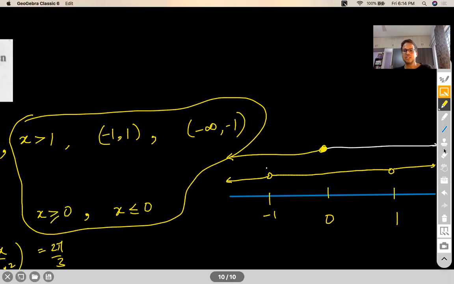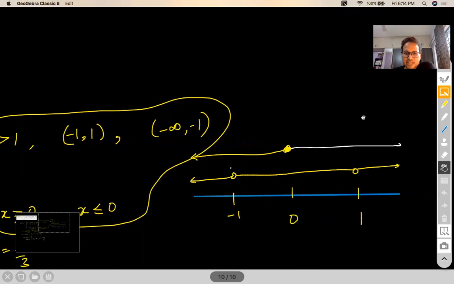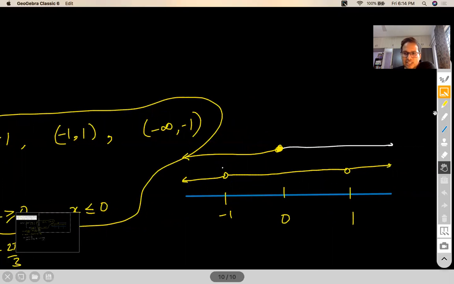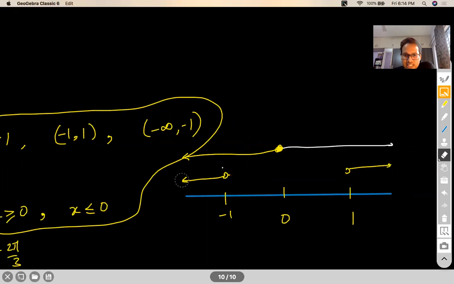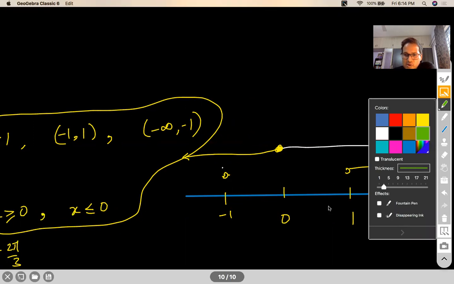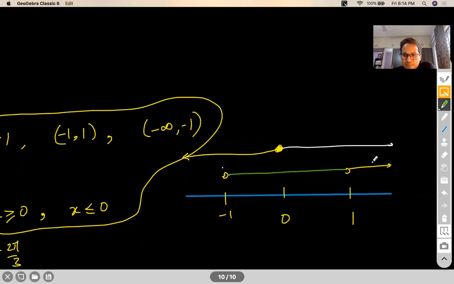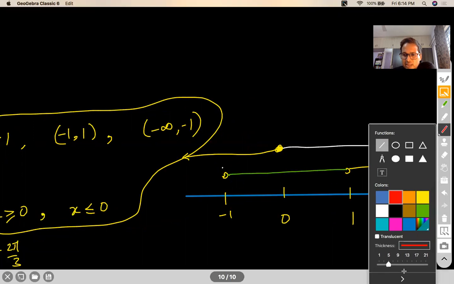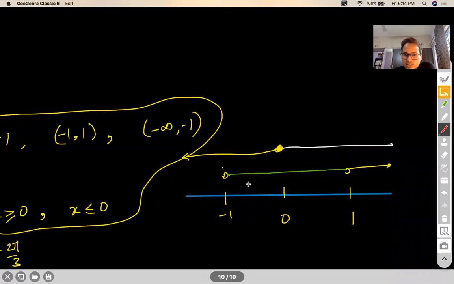See the number of overlaps happening. These line colors show that they are behaving differently in these intervals. So let me change the line color. Let me make this as green, and let me make this as probably red. Something like this.